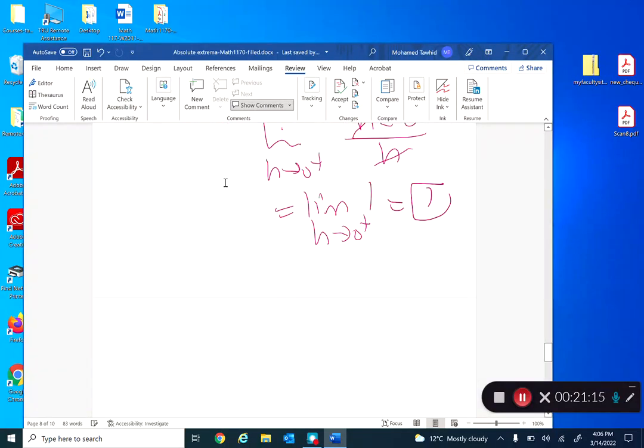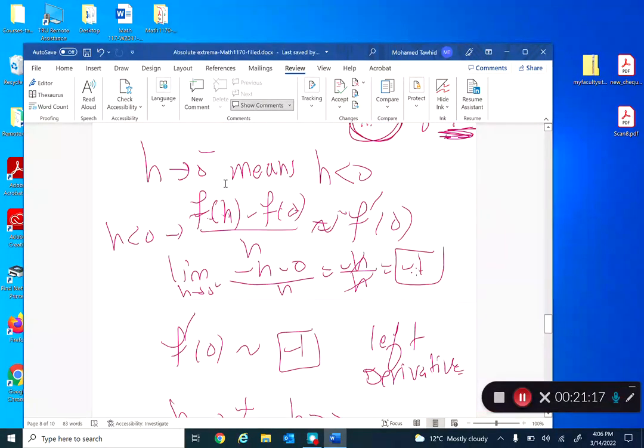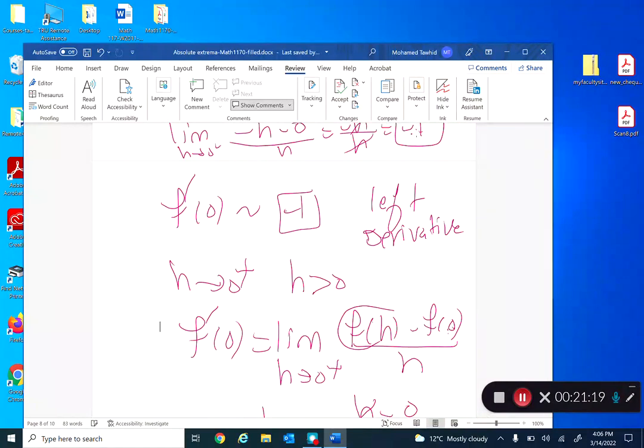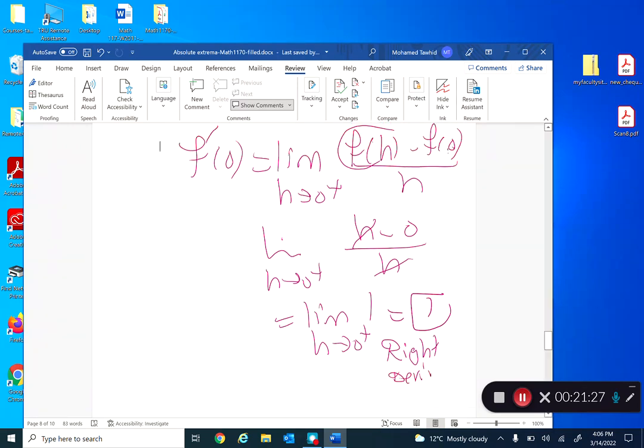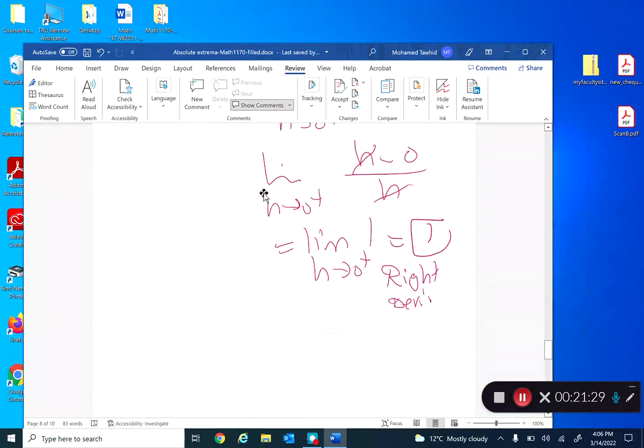So what is going on here? Your left derivative is negative 1, and the right derivative is equal to what? It is 1. So the left one is negative 1 and the right one is 1.